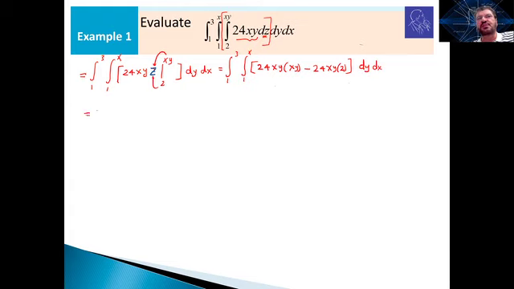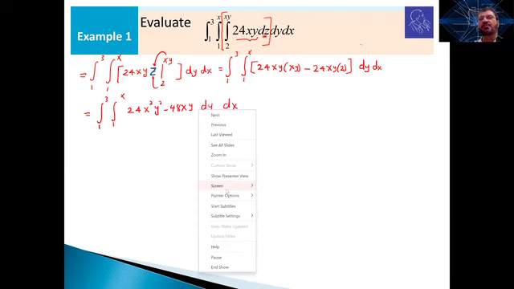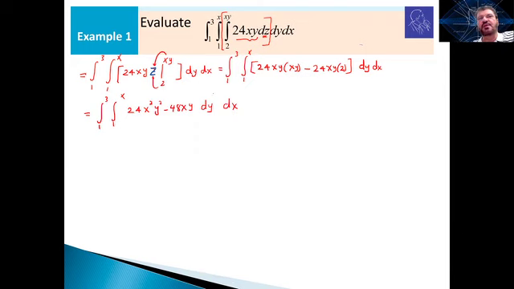Simplify this, you will get the integration from 1 to 3, integration from 1 to x. This one is definitely 24x squared y squared minus 48xy, and then we say dy dx. Now, where do we go to? We go to the inner one again. So now I'm going to go inside. We integrate all of this with respect to y.